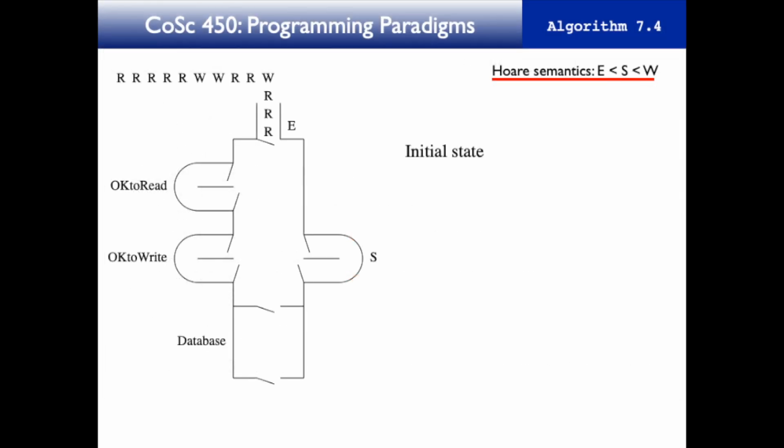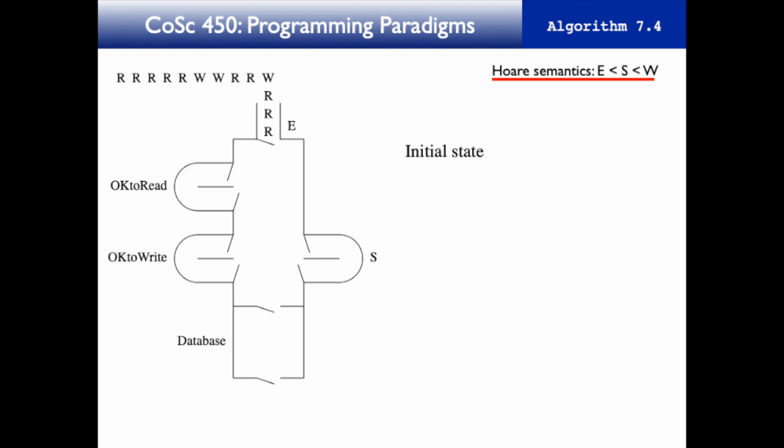Now, here is the scenario that we will trace through to illustrate these points. What we have here is, first of all, for sure we're using Hoare semantics because this is our binary monitor, in which case E is less than S is less than W. So we don't need the wait queue because of the immediate resumption requirement, because the signaled resumes immediately, and the signaler might be put in the S queue.